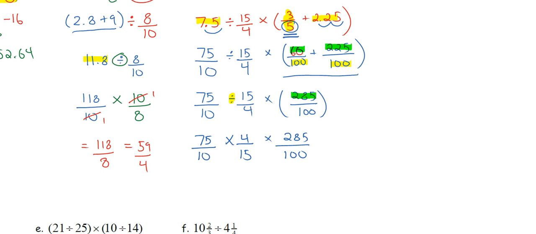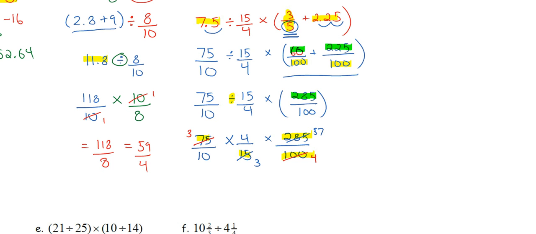So let's take a look here. Where can we simplify this problem? Well, if I look at this 75 and that 100, I can divide both those numbers by 25. If I do that, I'll get a 3 here and a 4 there. And if I take my 15 and my 285 and divide by 5, I should get a 3 here, and 5 will go into 285, 57 times.